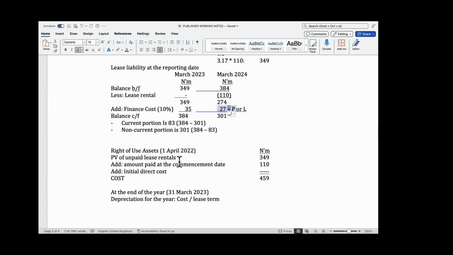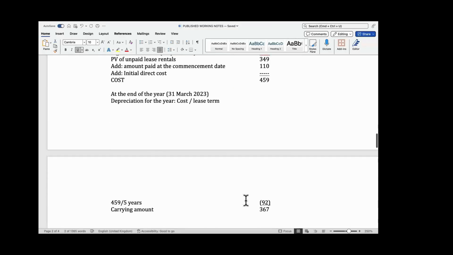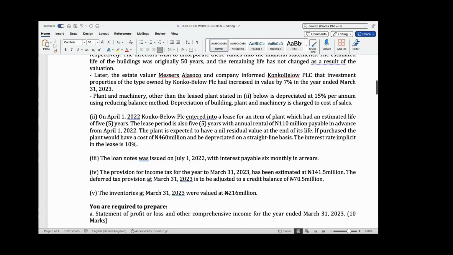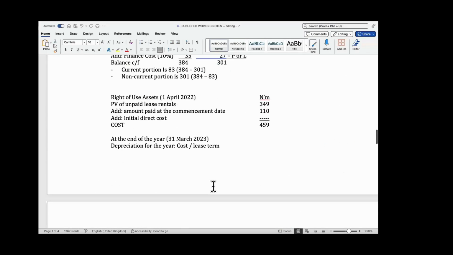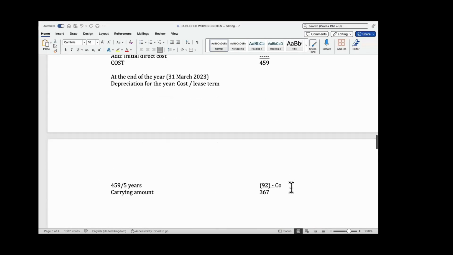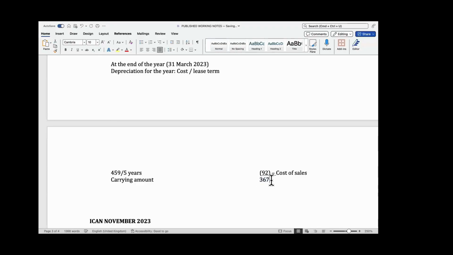Good observation. Then, for my right of use, this depreciation of 92, don't let us forget to take it to cost of sales. Yeah, it's charged to cost of sales. You need to add it to cost of sales. And this will go to my statement of financial position as right of use asset.